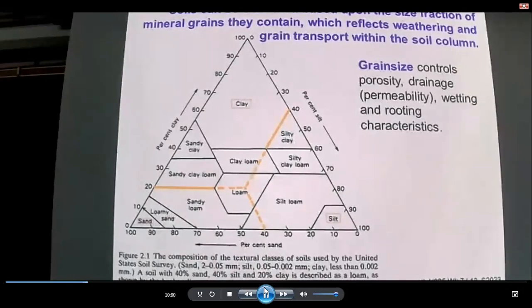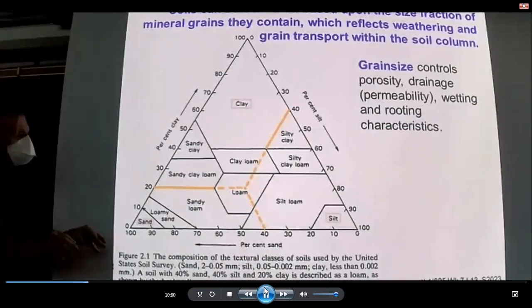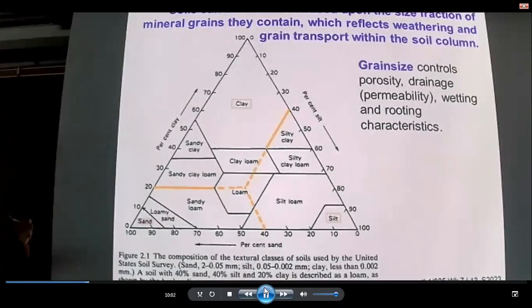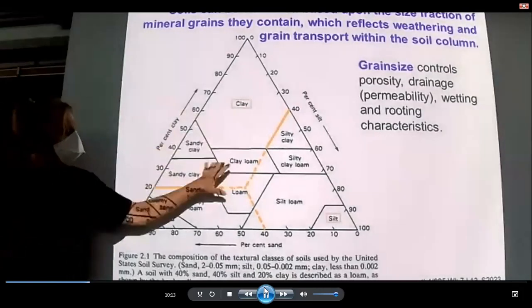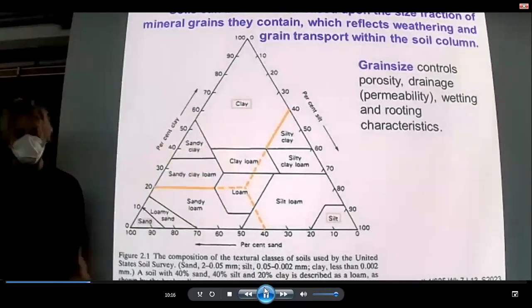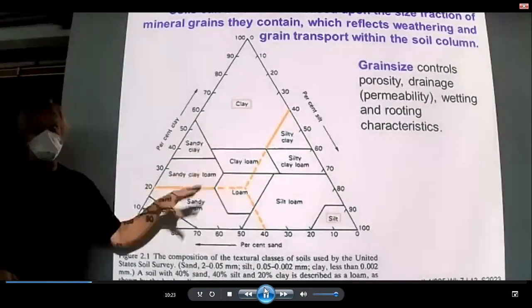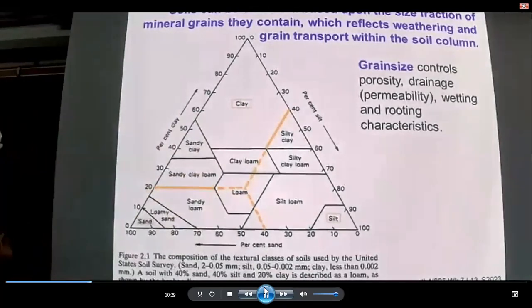You can find soils with equal numbers of grains in each of these sizes, or soils that primarily only have the smallest, the silt-sized particles, or soils that only have the largest or the intermediate one. And interestingly enough, this affects things like how water drains through the soil, the relative porosity of the soil column, which is the amount of space between the grains through which water can pour through and organisms can move and develop.